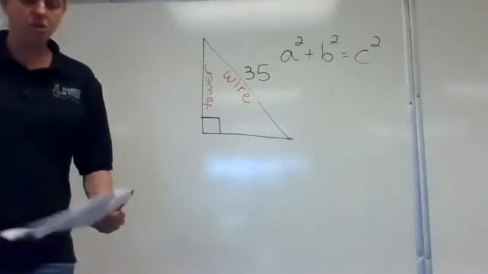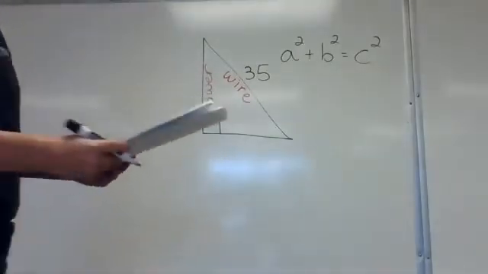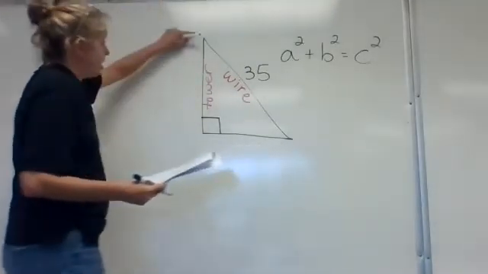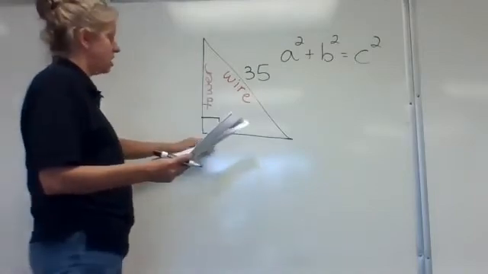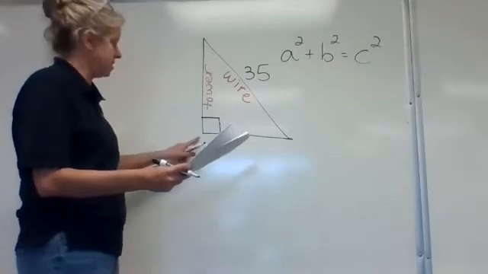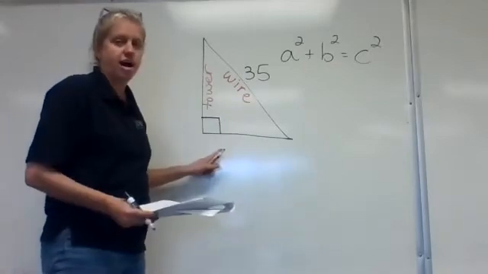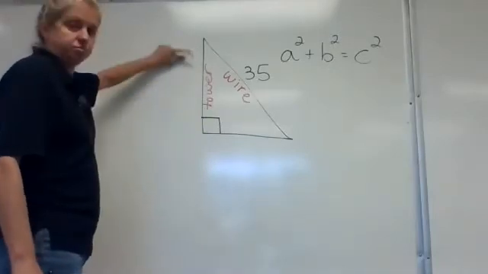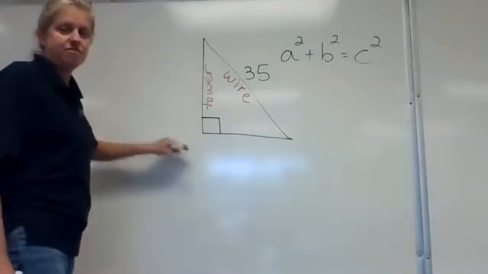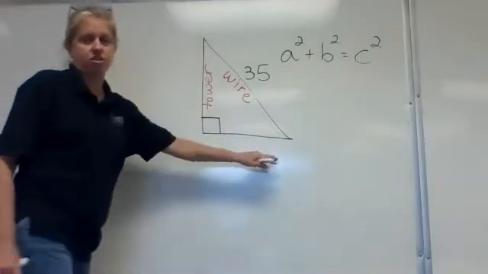So it tells me how long the wire is. Then it says the height of the tower, its height, is 7 feet longer or greater than the distance from the tower's base to the end of the wire. So in other words, this side here is 7 feet longer than this side here.